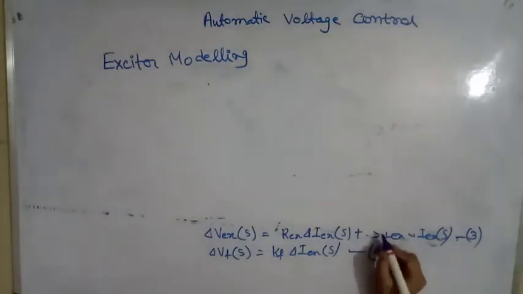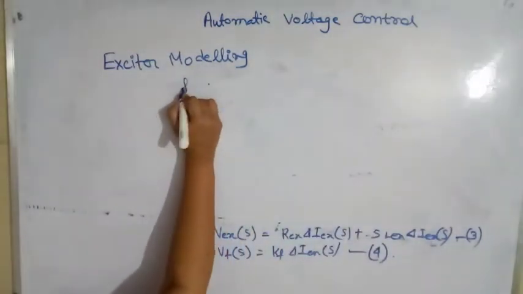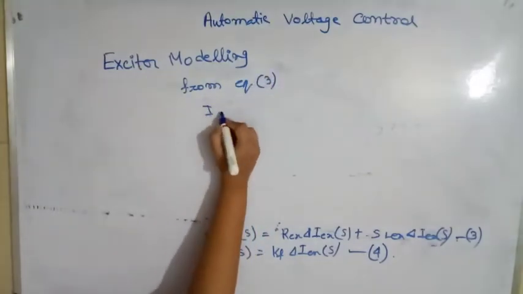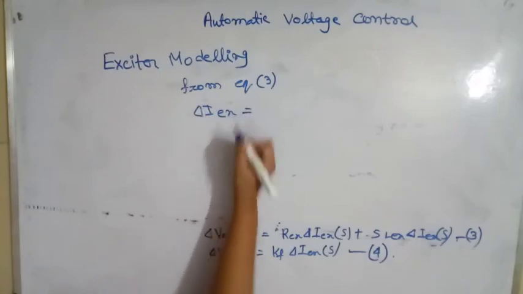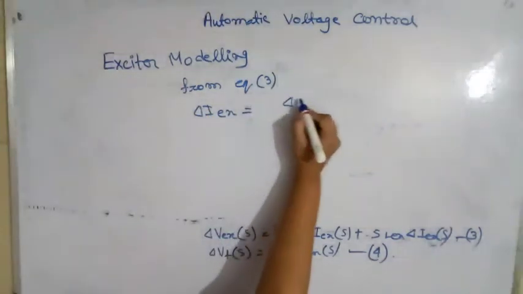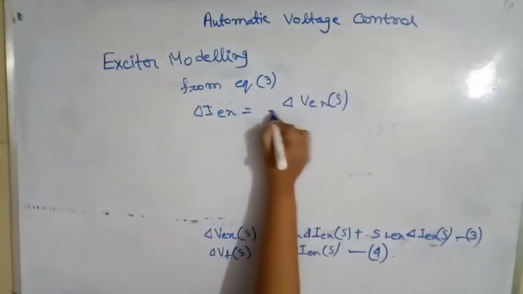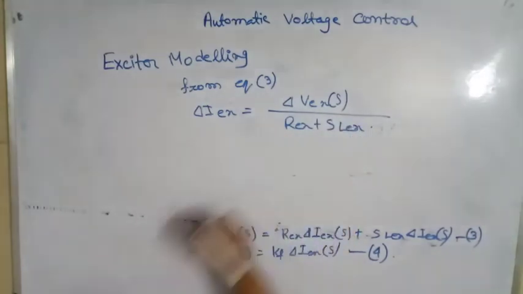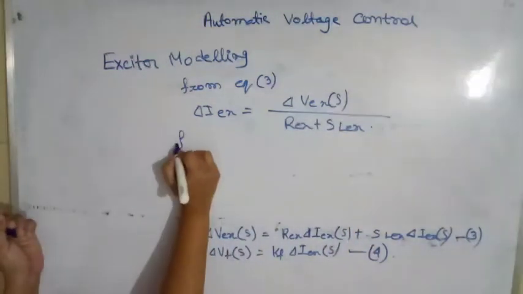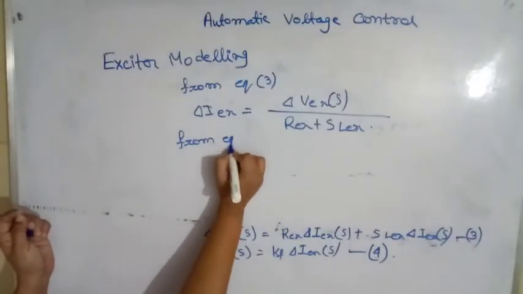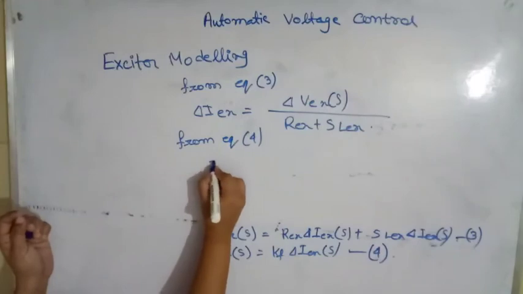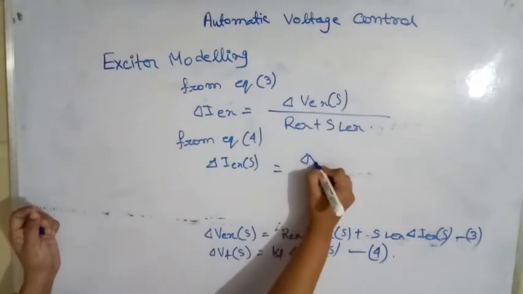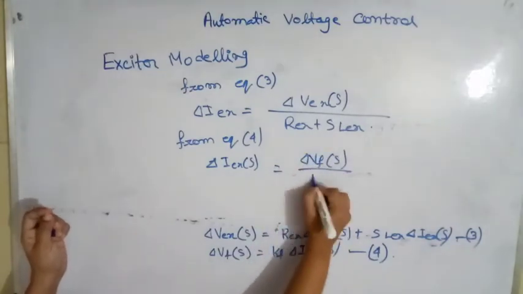Now from equation 3, the value of delta Iex is equal to delta Vex by Rex plus S Lex. And from equation 4, the value of delta Iex is equal to delta Vf(S) by Kf.